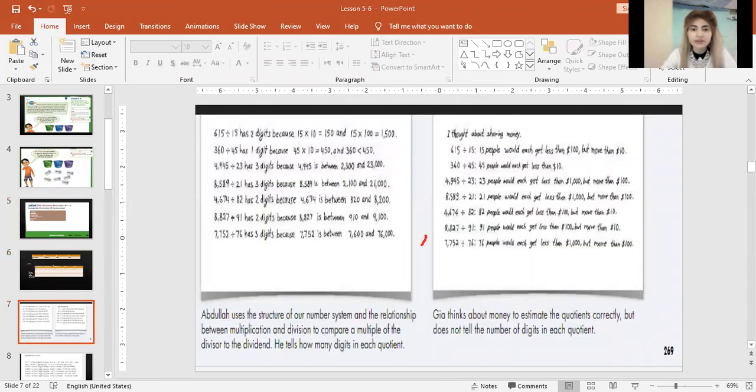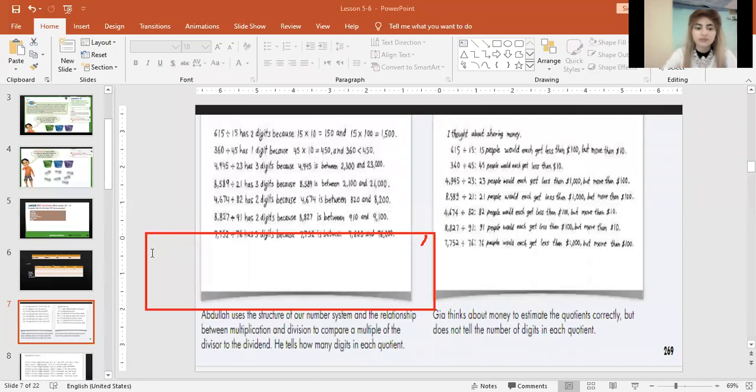If I have, let me draw a rectangle to use, 615 divided by 15. The first step, I will ask myself, will the answer be greater than 615 or smaller than 615? In division, the quotient is smaller than the bigger number, of course.